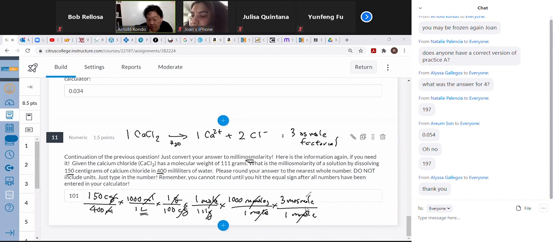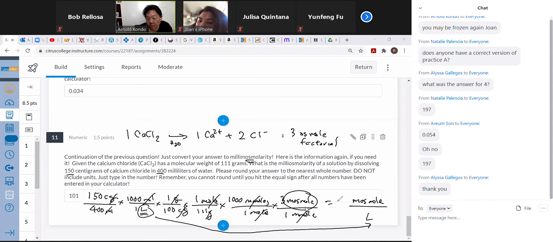So in this case, the final answer is milliosmoles per liter. Then just plug in the numbers. The only real difference in this problem is converting into a final molarity or, in this case, millimolarity form. But the whole idea is that when you have to convert to osmolarity or deciosmolarity or whatever, you have to take into account the dissociation of the ions into whatever factorial it may be.